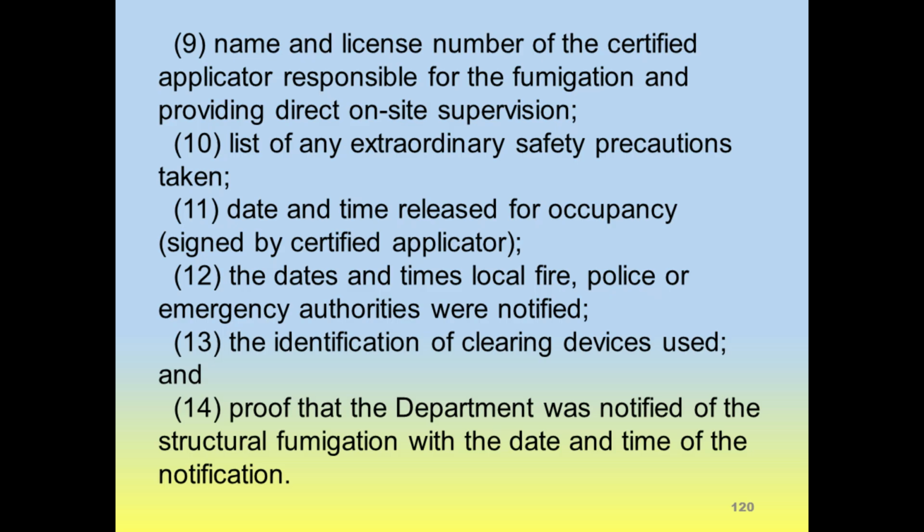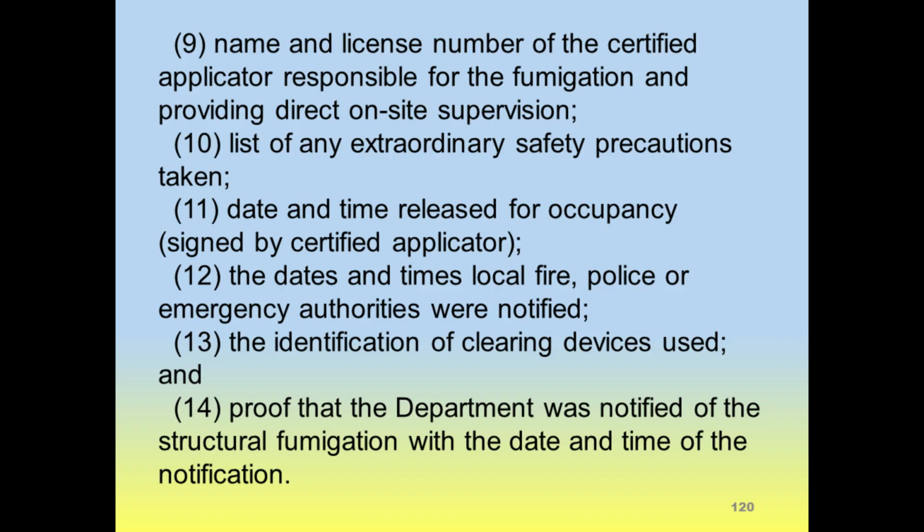9. Name and license number of the certified applicator responsible for the fumigation and providing direct on-site supervision. 10. List of any extraordinary safety precautions taken. 11. Date and time released for occupancy, signed by the certified applicator. 12.